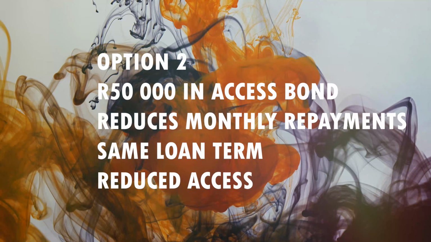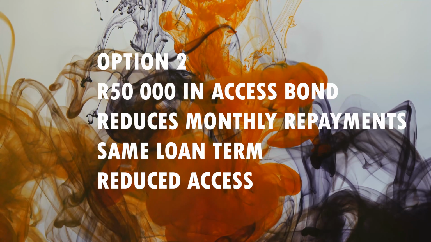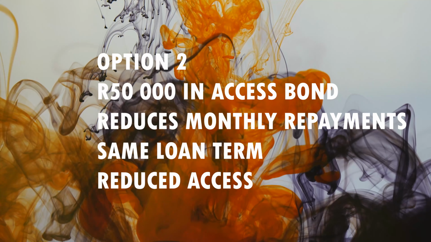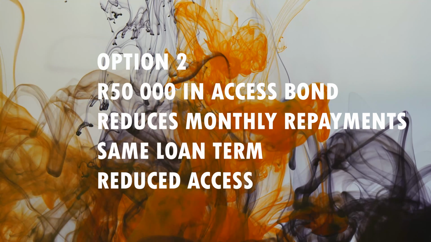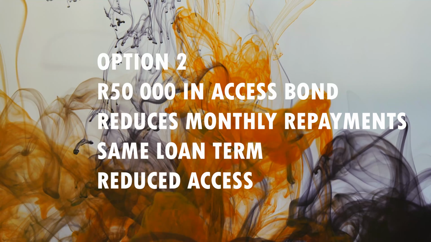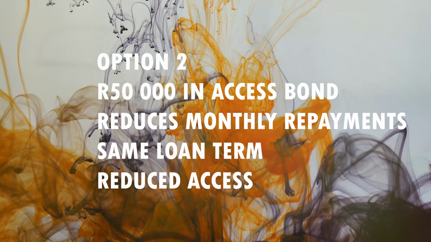So if you have a 500,000 Rand home loan with a monthly repayment of 5,000 Rand over a 30-year term, your loan term will still be exactly the same even though you make additional payments, but your monthly repayment or your premium will be reduced. So instead of paying 5,000 Rand per month for your home loan, after adding your additional 50,000 Rand, your monthly repayment can go down to, for example, 4,500 Rand.